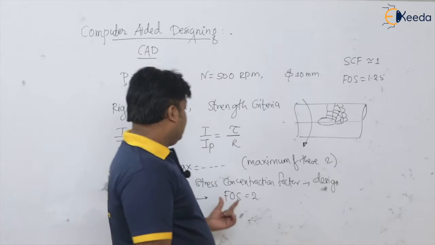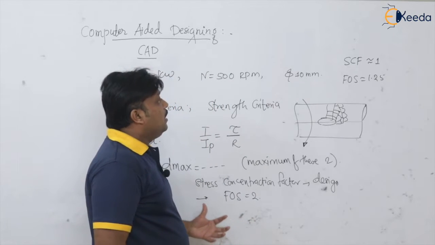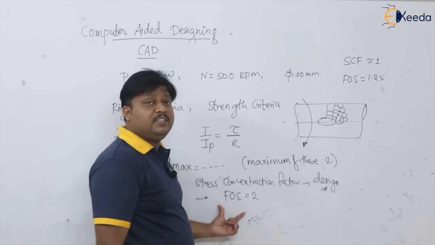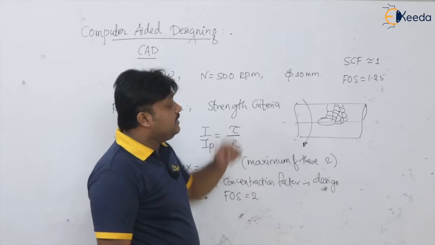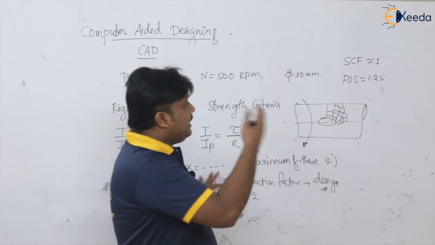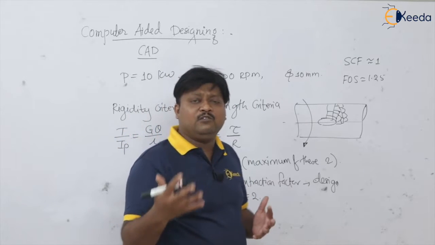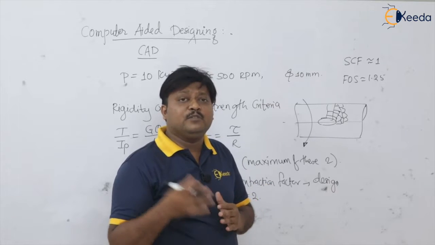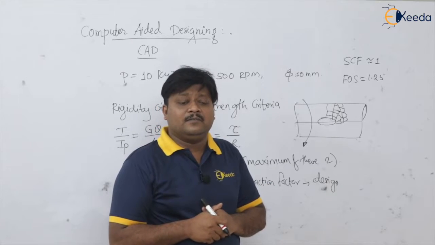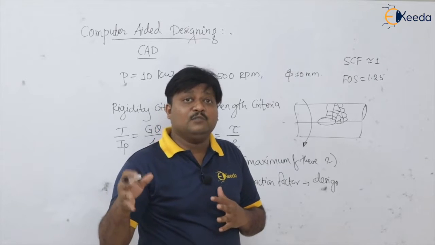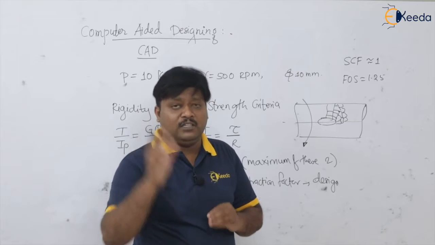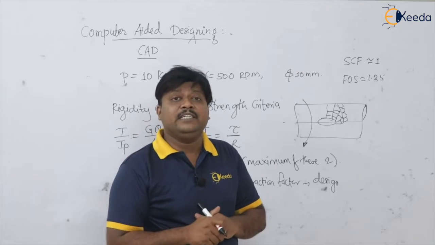So see what a huge difference between the factor of safety with conventional designing and with CAD designing. Say for example, I have designed a crane hook for 8 tons, but keeping a factor of safety 2, I will confirm that the customer should use it up to 4 tons, because the factor of safety is 2.